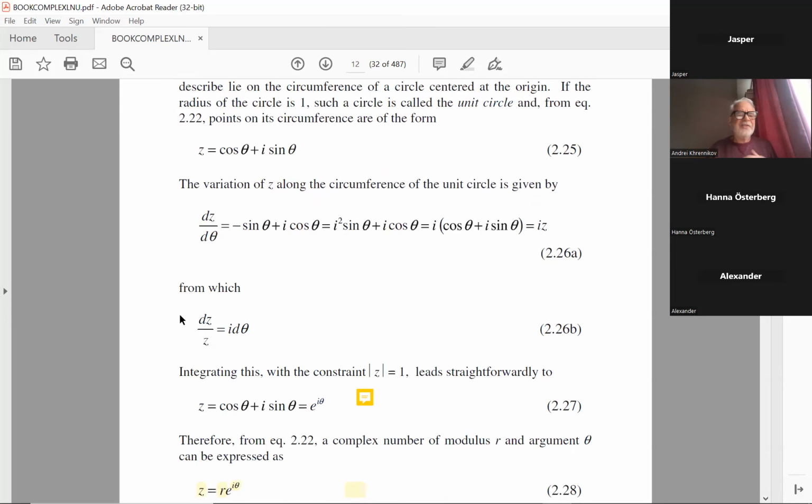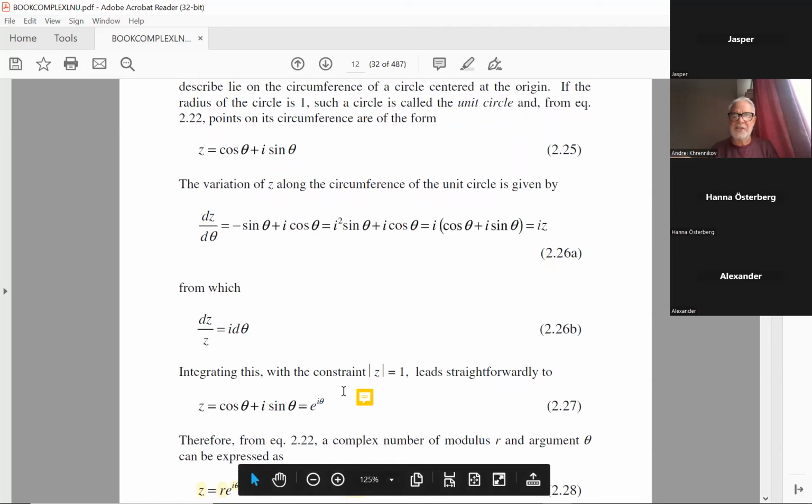Then the author of this book, by using an ordinary differential equation, wants to motivate this formula, that cosine theta plus i sine theta can be denoted as exponent i theta, and then you can work with this exponent as with any exponent.